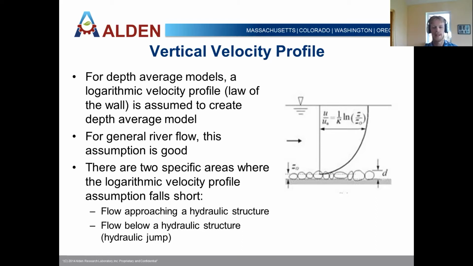However, there are two specific areas where this logarithmic velocity profile assumption falls short. First off, that is flow approaching a hydraulic structure. And then second is flow immediately below a hydraulic structure, where you would expect to have a hydraulic jump.